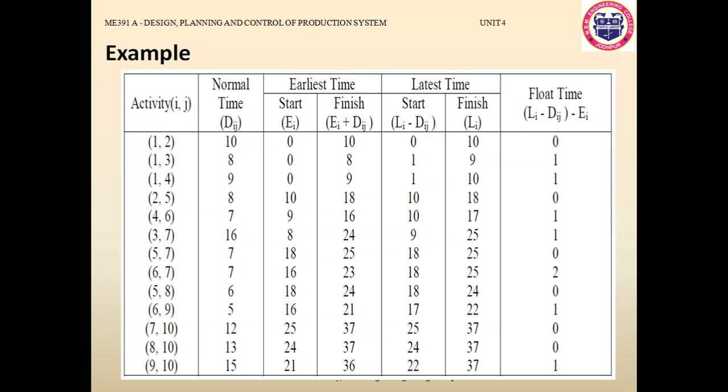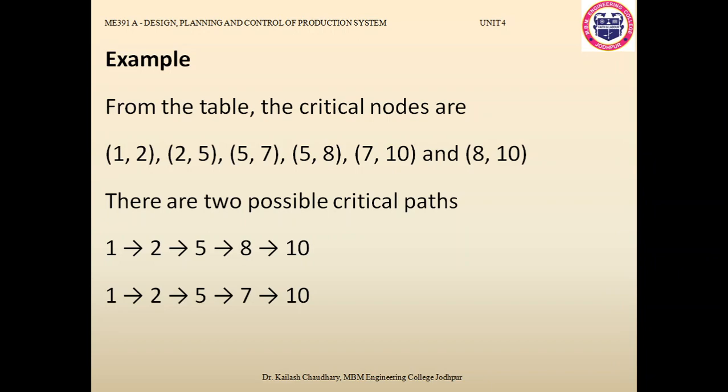So those activities which have float time 0 are known as critical activities, and these activities will lead you to the critical path. If you take these activities out of this table, the critical activities are 1 2, 2 5, 5 7, 5 8, 7 10, 8 10, which we have seen in the table have 0 float time.